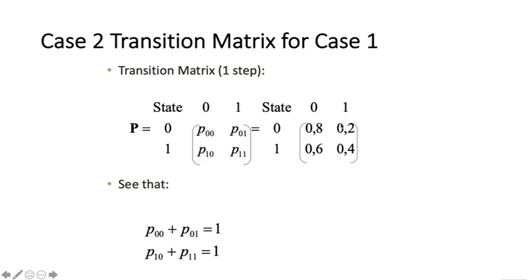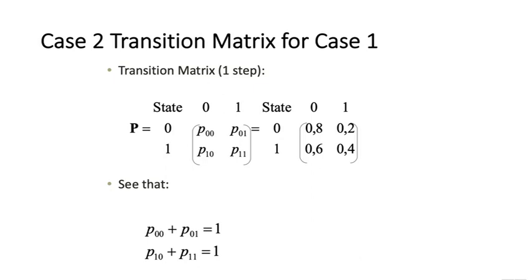Because it's given in the previous example that if today is dry, the probability that tomorrow will be dry as well is greater than raining, right? Based on the historical data, today's condition depends on the condition of yesterday with the same state.